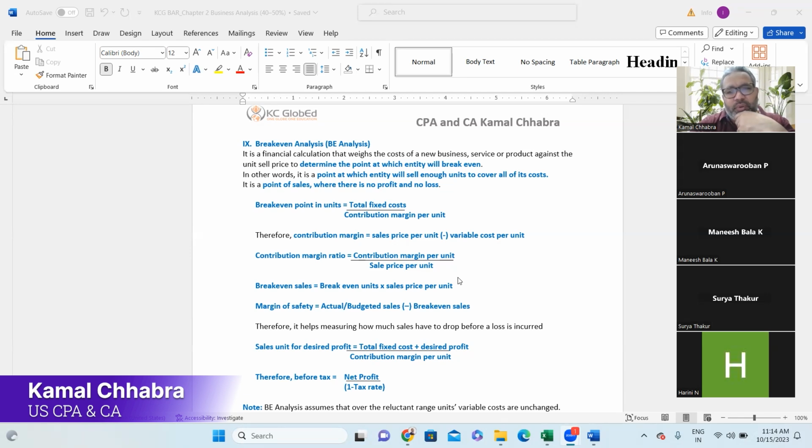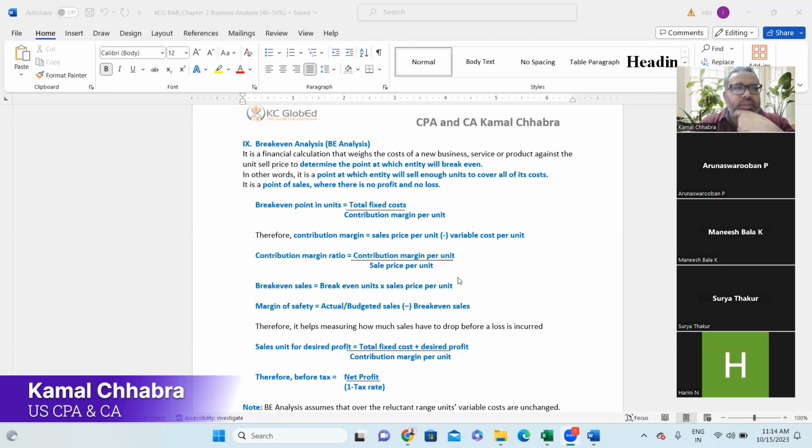Have you heard this term before, contribution margin? Any idea what contribution margin is about, by any chance? Okay, so contribution margin is basically sales minus variable cost.